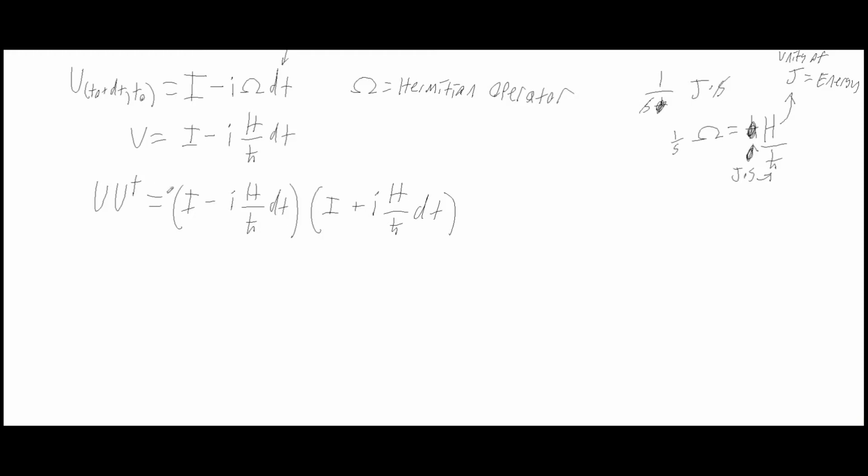If we multiply this through, identity times identity is just the identity. The identity is essentially 1 in matrix form, so 1 times 1 is 1. So we have I. Then we have the I times this plus this times I, which, cutting to the chase, ends up being I dt.